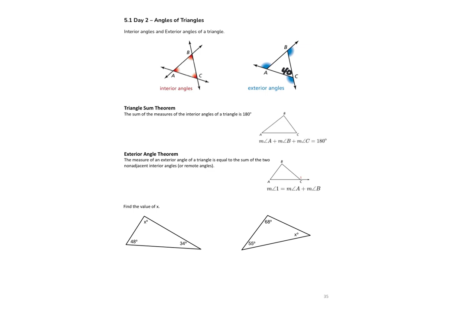These 2 together would make 90. They make a line, right? So it'd have to be 180, okay? 140. Yep, this would have to be 140. These 2 together make a line, right? And so this angle here would have to be 140.